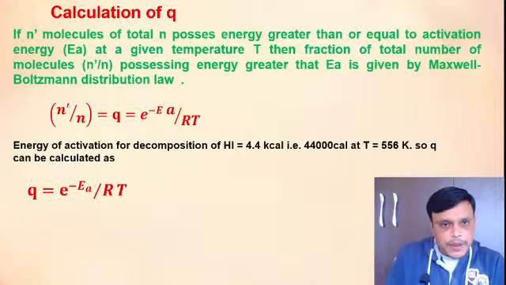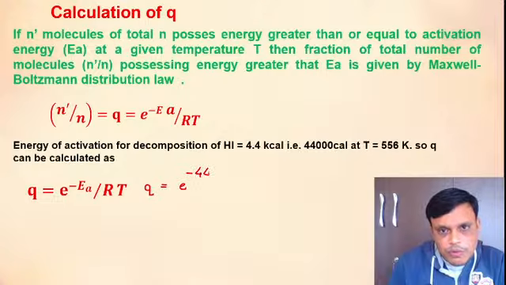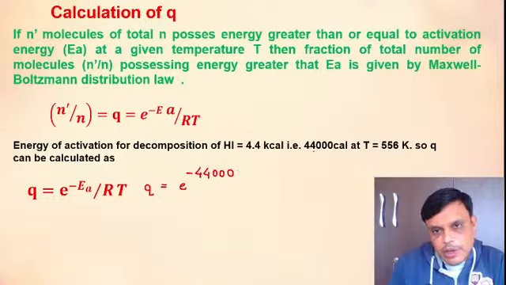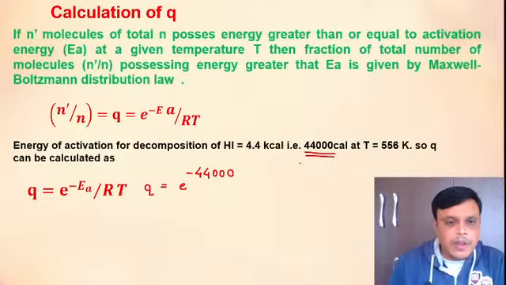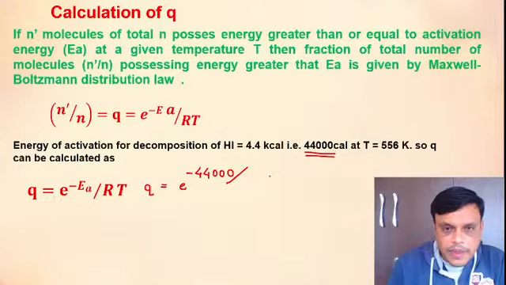Calculation of Q. So here I will write Q is equal to e to the power minus 44000. This value I will write here. Then divided by R. R is 1.99.